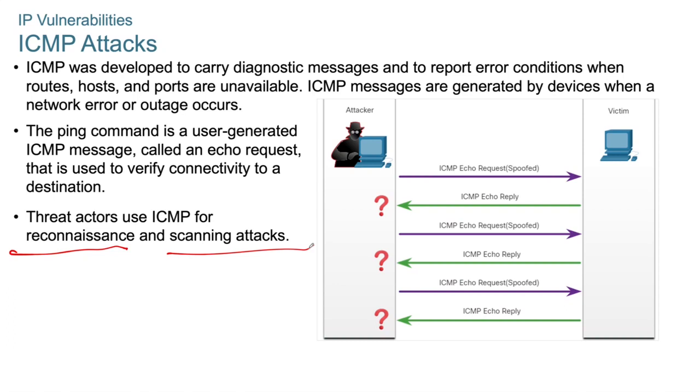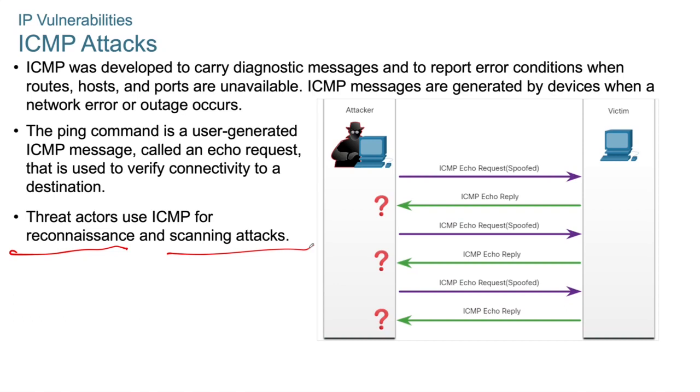This enables them to launch an information gathering attack to map out a network topology, discover which hosts are active, identify the host operating system, and determine the state of the firewalls.